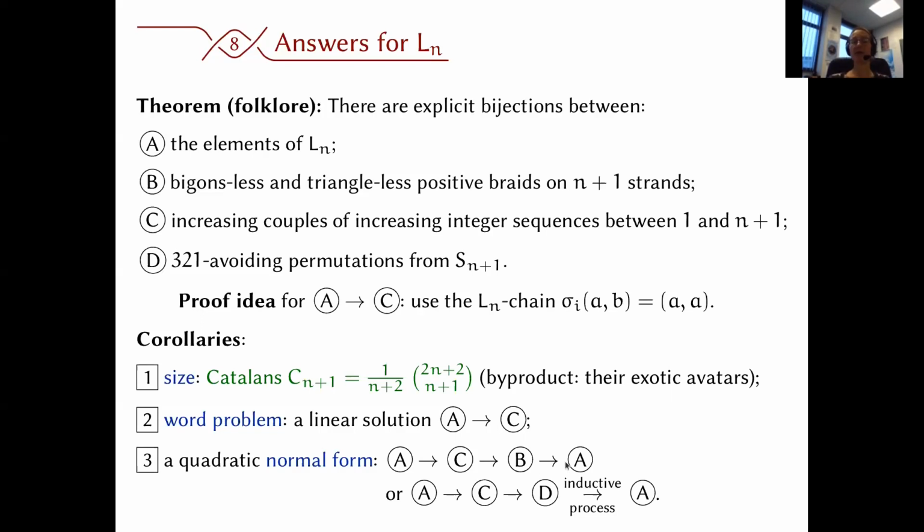And another realization of this algorithm is the following one. From your couples of integer sequences, you can get your permutation, and then from this permutation you can write a word using an inductive process. Whenever you have two elements in your permutation whose order is inverted, you can say that this corresponds to the last letter of your word, and like this you reduce the number of letters.